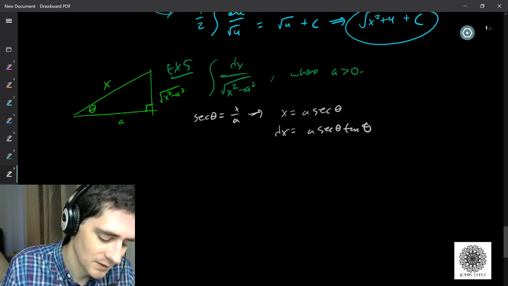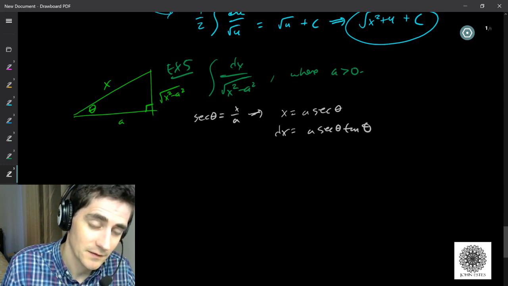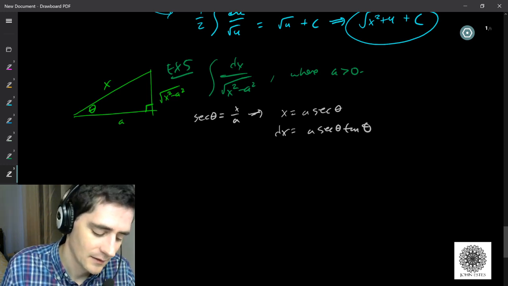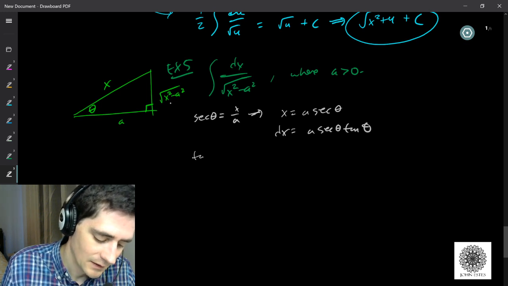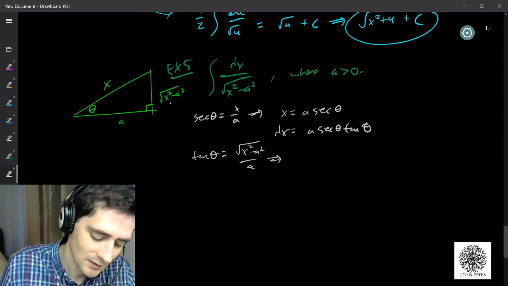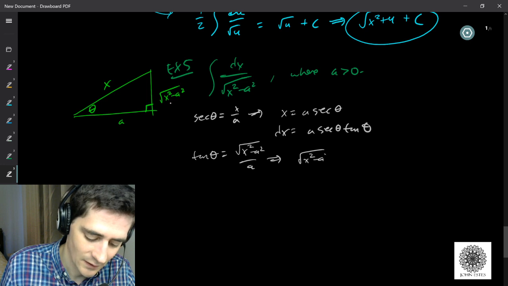It also tells me that, if I'm trying to substitute the square root of x squared minus a squared, I can say opposite over adjacent, tangent theta equals the square root of x squared minus a squared over a, which tells me then that the square root of x squared minus a squared equals a tangent theta.